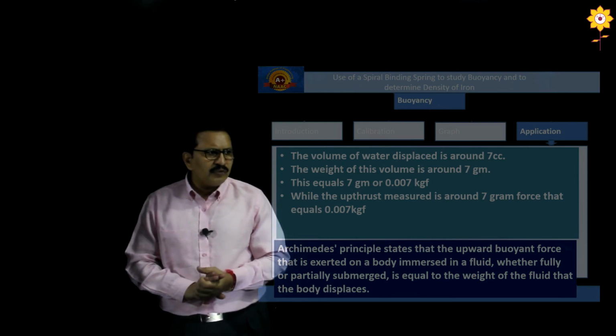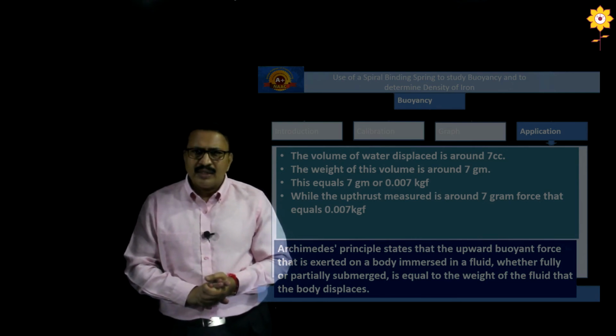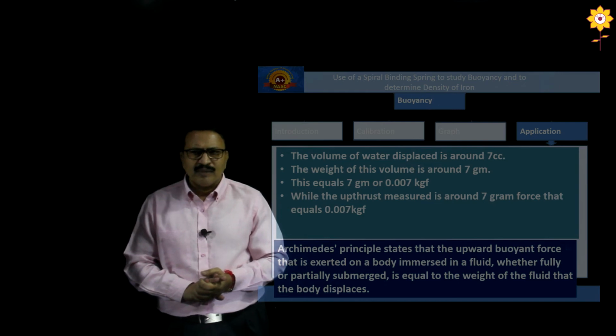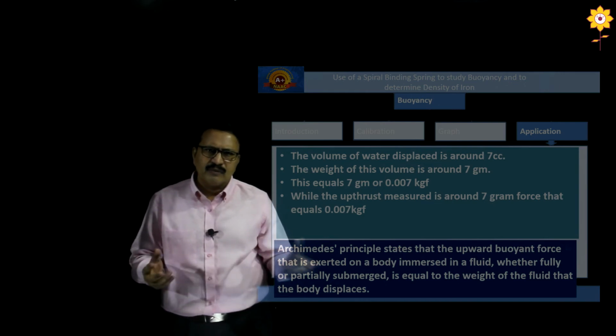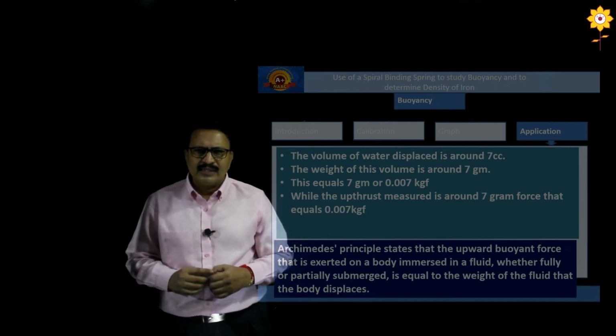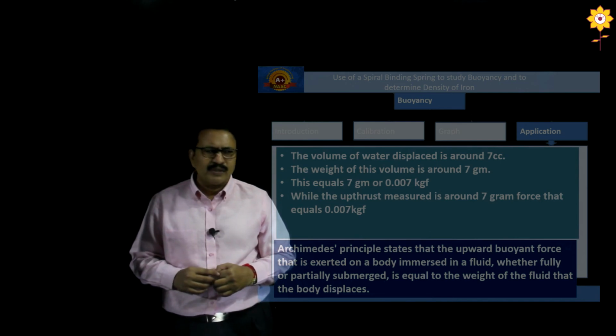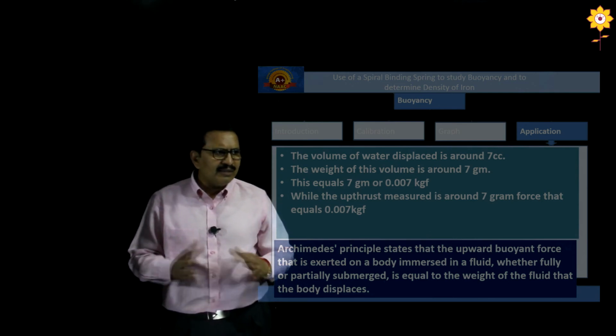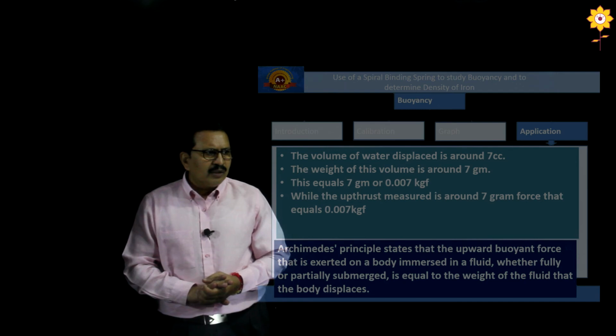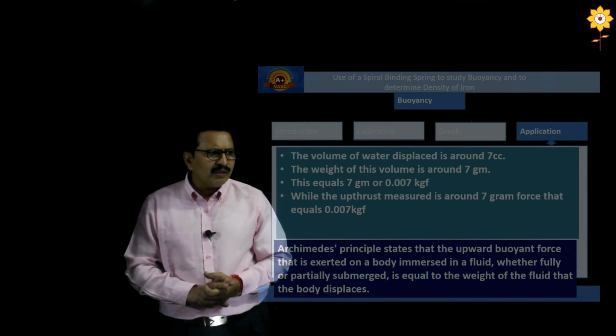And of course, the weight of this volume of water will be around 7 grams, taking into consideration the density of water, that is 1 gram per cc approximately, and this equals around 0.007 kilogram force.